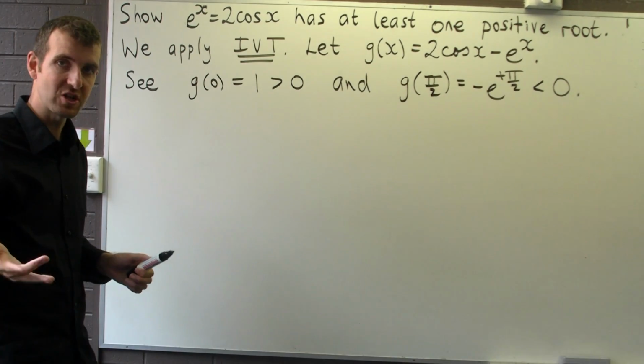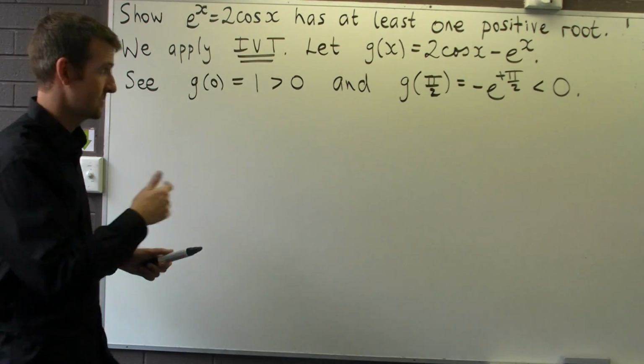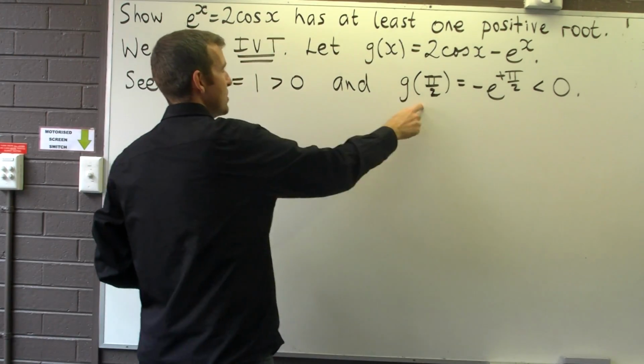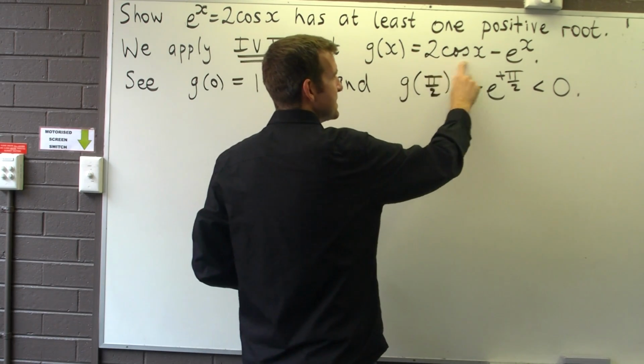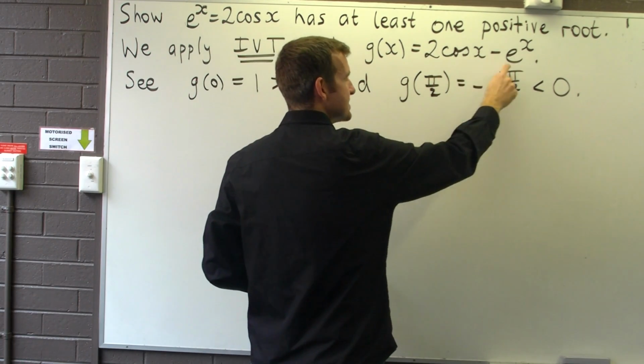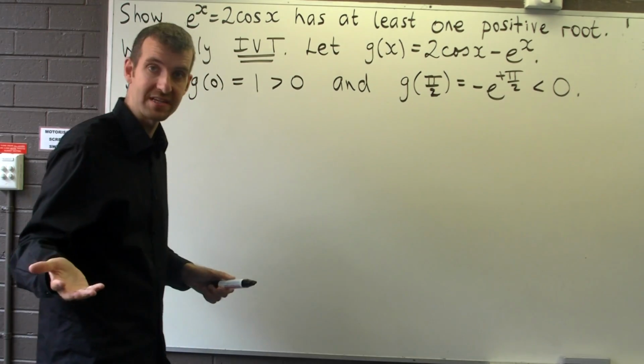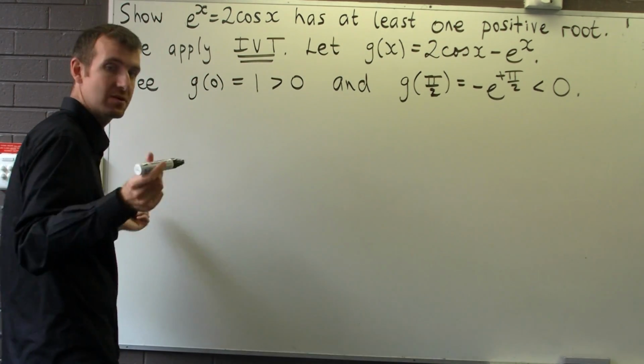The last thing we have to check is that g is continuous on the interval 0 to pi on 2. Now, let's look at g. Well, this is continuous for all values of x. This is continuous for all values of x, so g must be continuous everywhere.